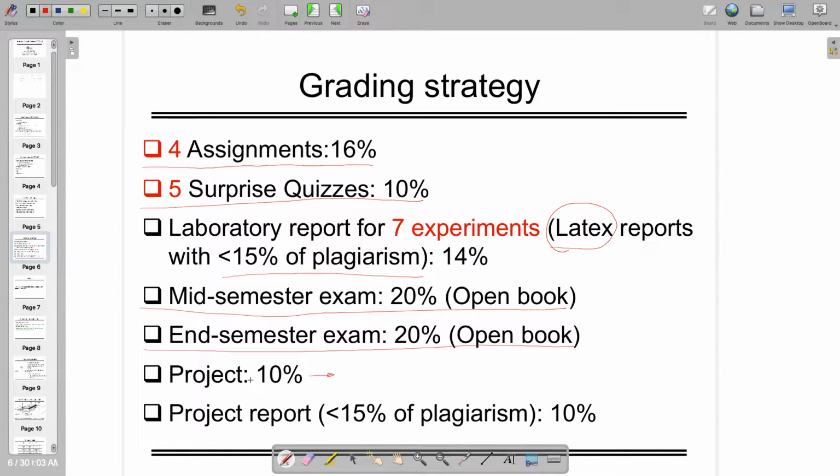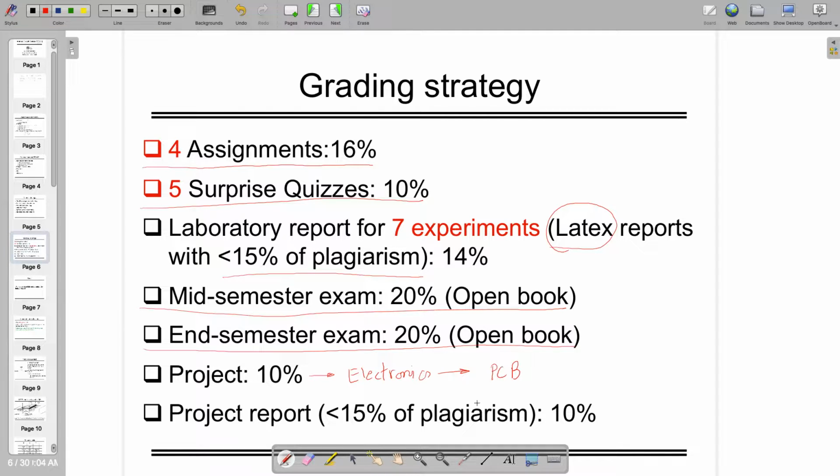This project is expected to be some circuit. It has to be electronics, and you have to make PC boards, or people call it PCB. Printed circuit boards require money, and you have to solder it and then run it.